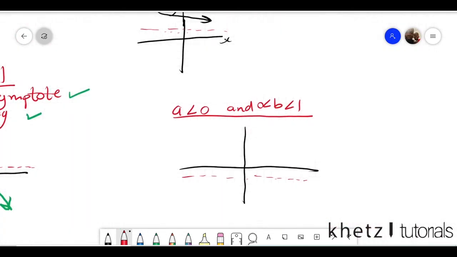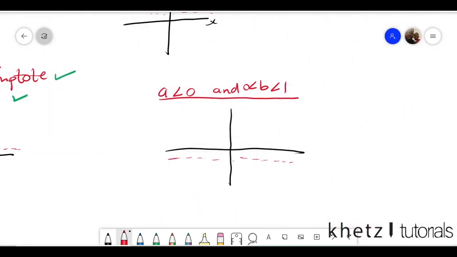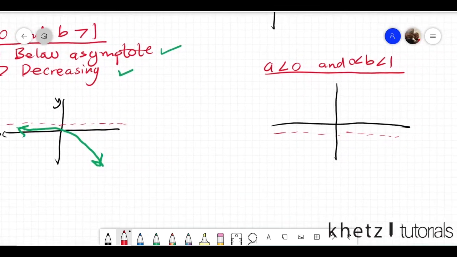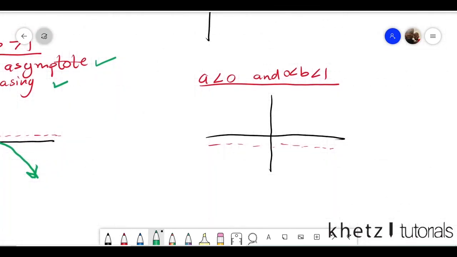But now for A less than 0 and a B between 0 and 1, the graph is actually increasing. And therefore, it will be the opposite of the one we just looked at, and it would look something like this.